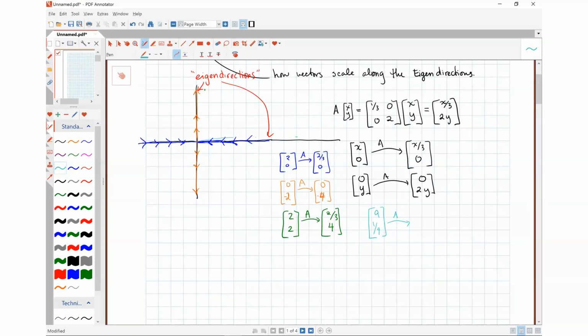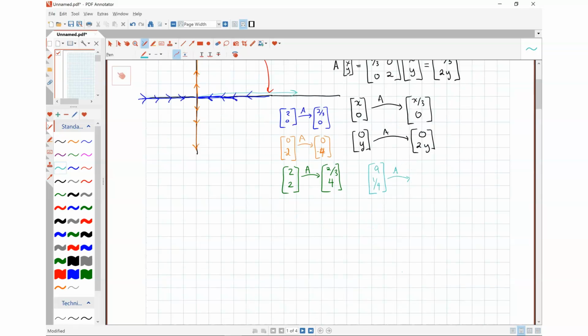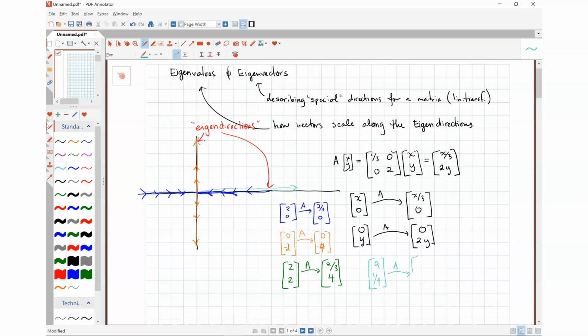So I'm starting with a vector that looks like that, and then I'm going to apply the transformation once. If I do that, the x-coordinate gets chopped down by a factor of 3, and the y-coordinate gets doubled. So I'll have 3, 1/2. So my next vector is 3, 1/2. That's about here.